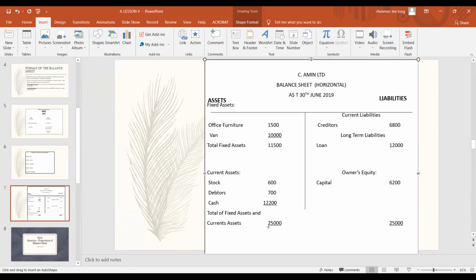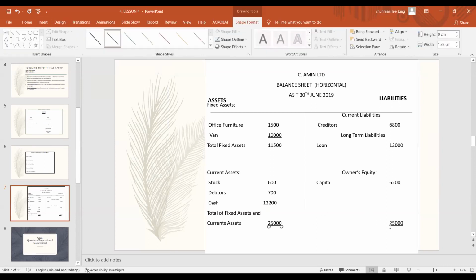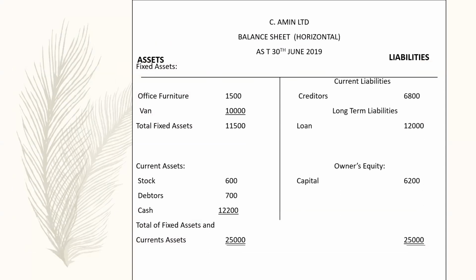So your assets equal your liabilities, which is your current liabilities and your long-term liabilities, add your owner's equity. The balance sheet tells you the same thing that the accounting equation has mentioned, that assets equals liabilities plus owner's equity.